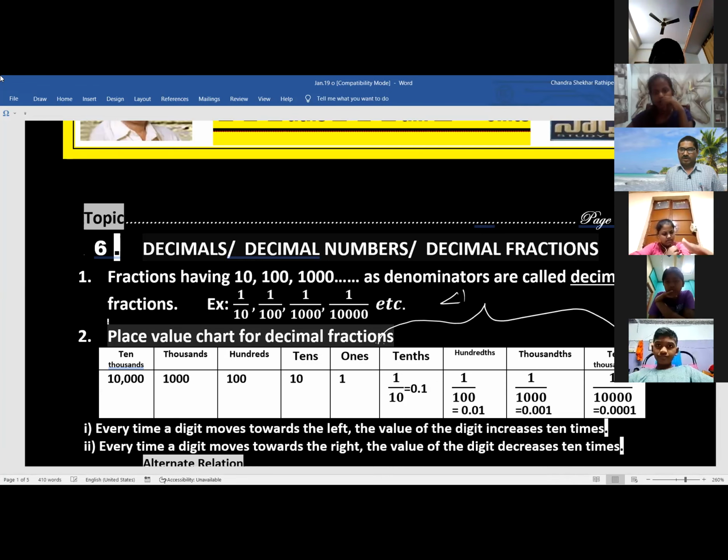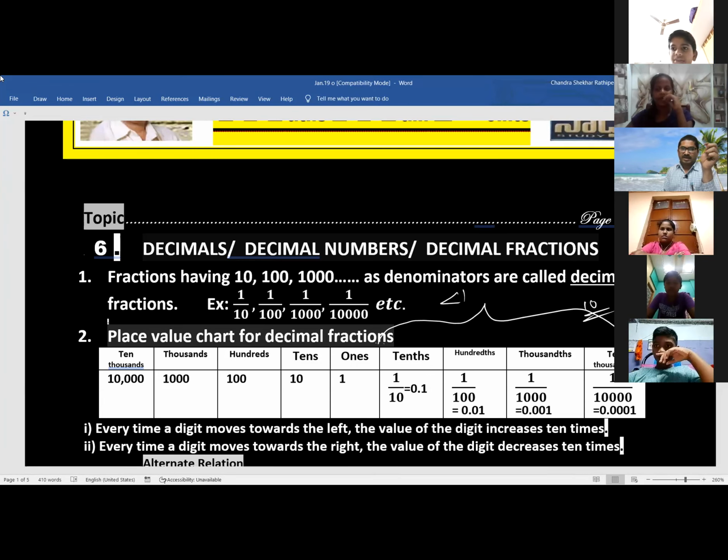This 1 by 10, 1 by 10, 1 by 10, these all are 1 by 10. How many 1 by 10s make a 1? 10. Okay, sir. Clear. How many hundredths make a 1? 100. Yes, 100. That is a small part. Hundredth part means small part. Clear? Yes.